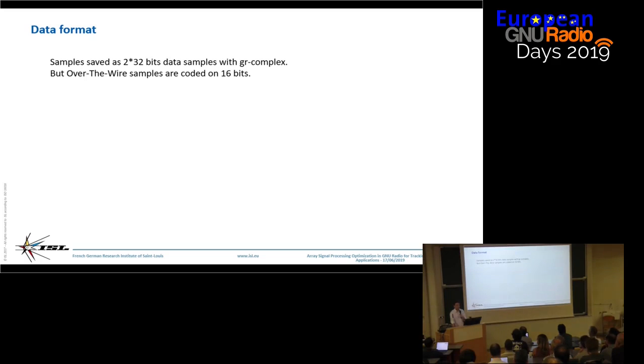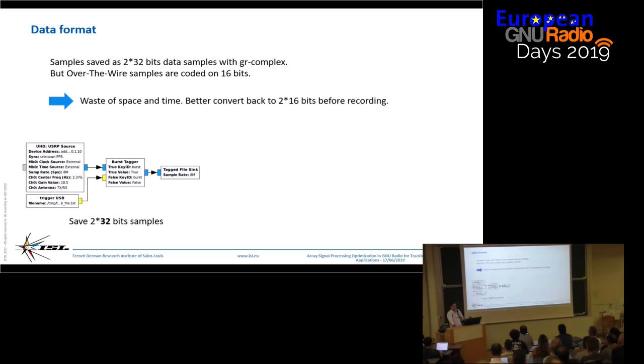But if you look into the USRP X310 that we were using, their converters and over-the-wire samples, we realized that was twice 16 bits. So obviously the rest of it is just a waste of space and time when you record them. And we had to rather convert them back to twice 16 bits before we record them on our RAM disk.